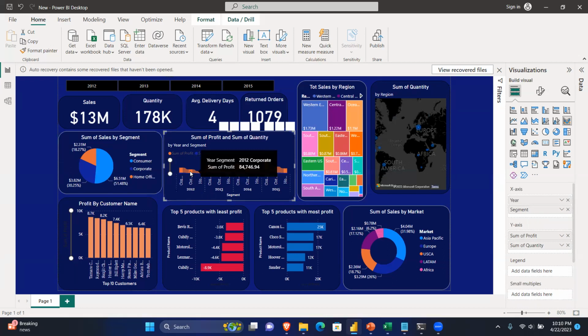I think this ribbon chart is an interesting way to understand the sum of profit and the sum of quantity being sold for each segment in that specific year. And here we can make a conclusion that in the year 2015 the sum of profit for the consumer segment was the highest compared to previous years.